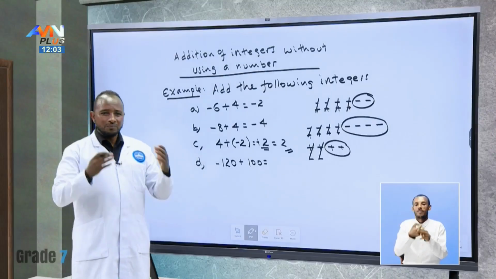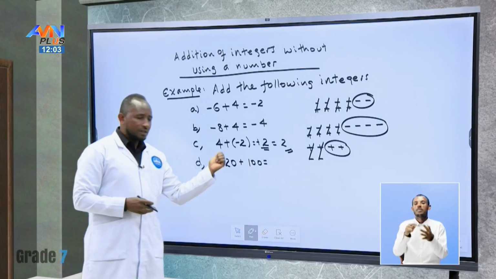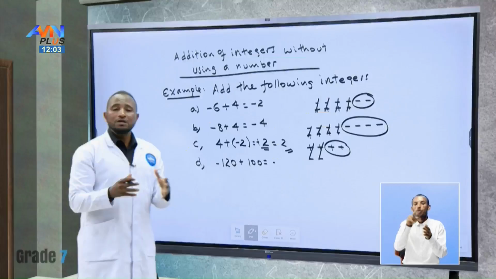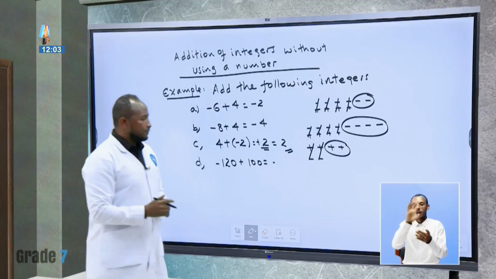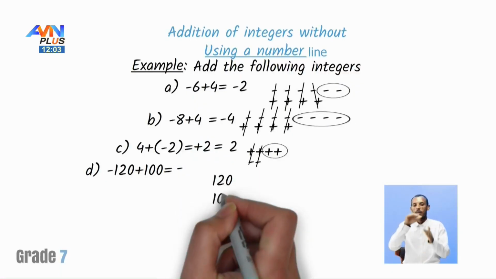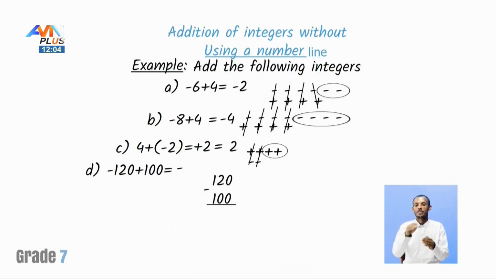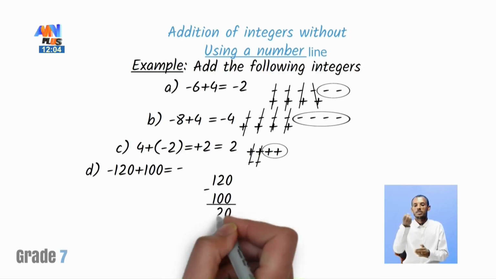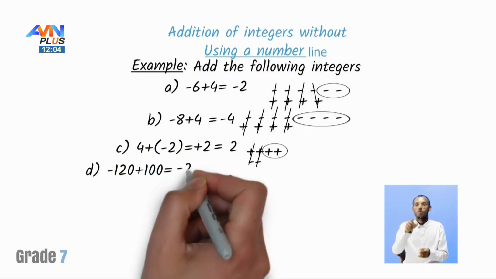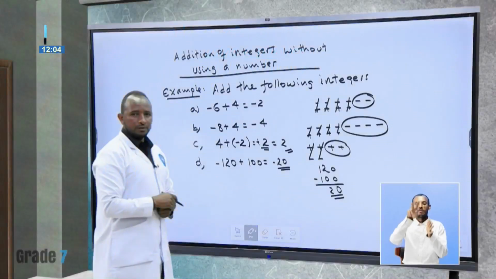So simply we'll use the technique. Since we have more negatives here, the result will be negative, and you take the difference of the two numbers. Therefore here you have 120 and 100. The difference of the two: 0 minus 0 is 0, 2 minus 0 is 2, 1 minus 1 is 0. The answer is 20. So you have negative 20. This will be the answer.